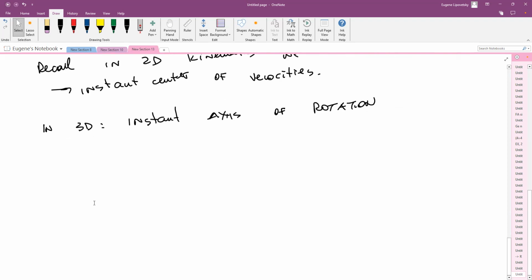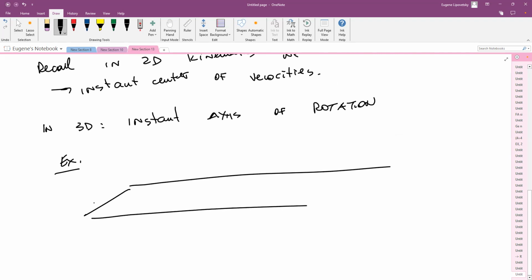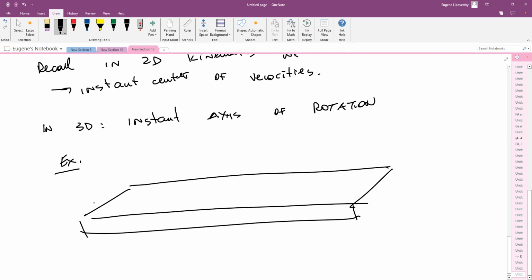All right. So the example will be something like this. You have a plate, base, thick foundation, and you have an axle here that is on roller bearings, and it's rotating.